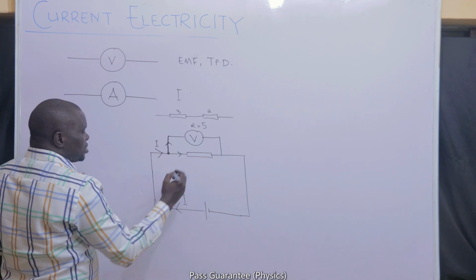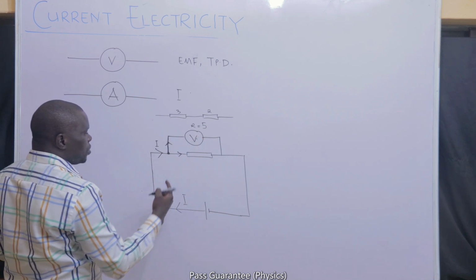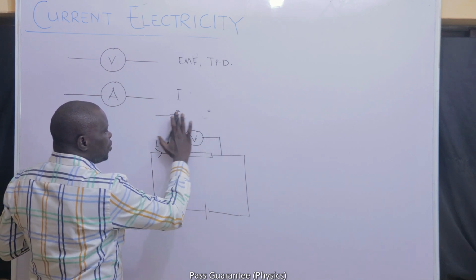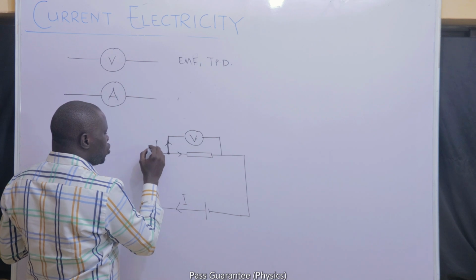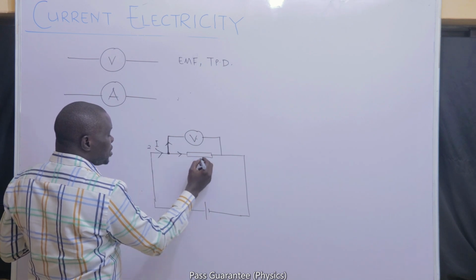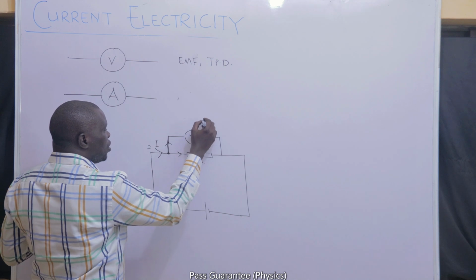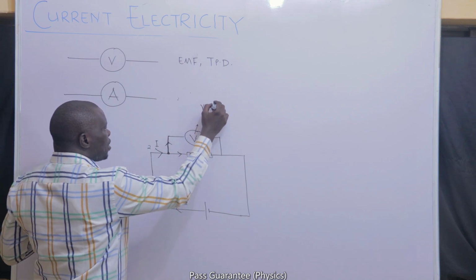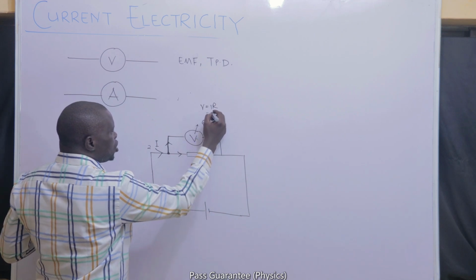If that is the case, it means this voltmeter will not measure what it is expected to measure. For example, a measuring instrument must not partake in the process of sharing current. If the current that is coming in is 2 amperes and the resistance of this resistor is 3 ohms, I expect this voltmeter to record something very close to 6, because V is equal to IR, and the I coming into the line, since this is the only resistor, is 2.